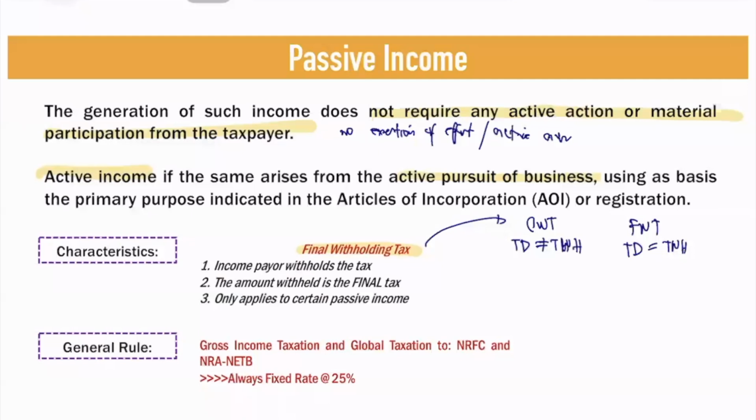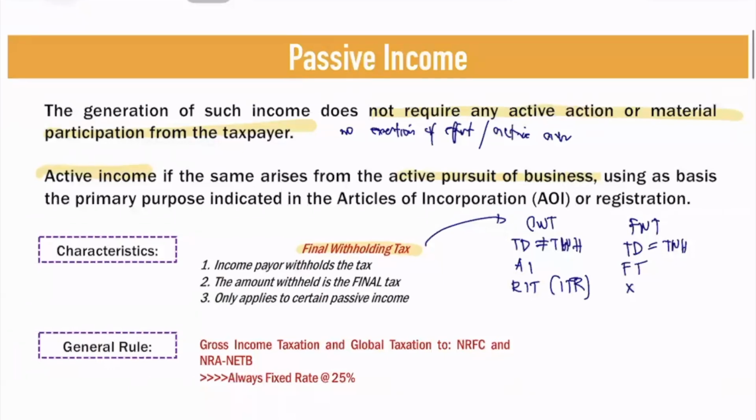Furthermore, creditable withholding tax normally applies to your active income, while final withholding tax applies to certain items subject to final tax. Furthermore, creditable withholding tax should still be presented in your income tax return. While your final withholding tax, you don't need to place it in your ITR, meaning do not include it in your ITR. And as a rule, both creditable and final withholding tax are territorial in application.